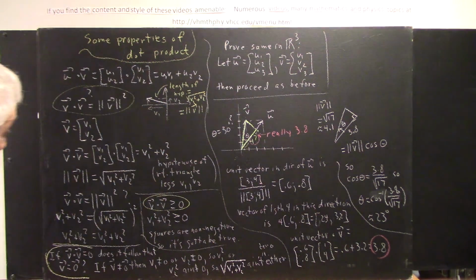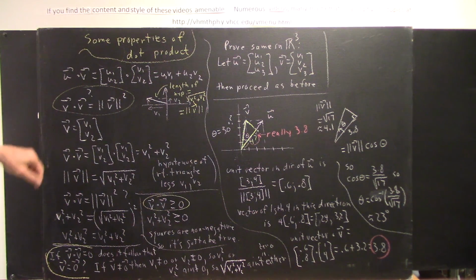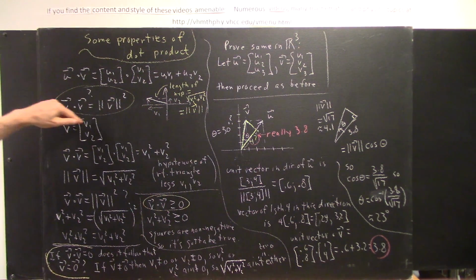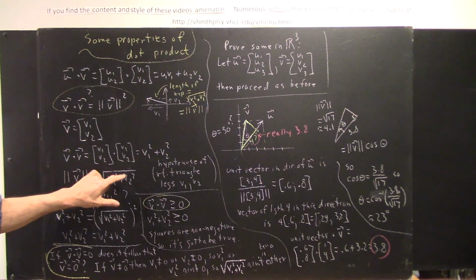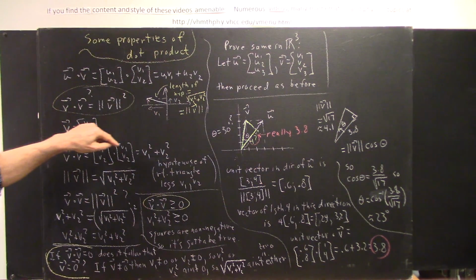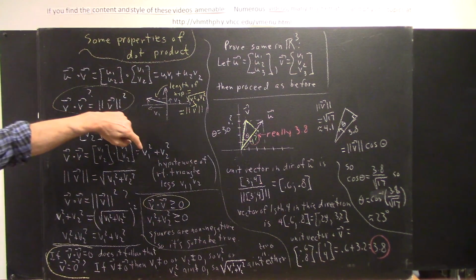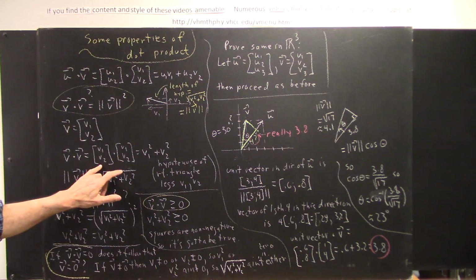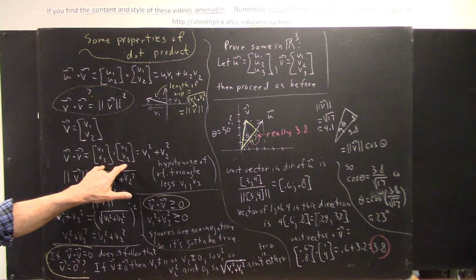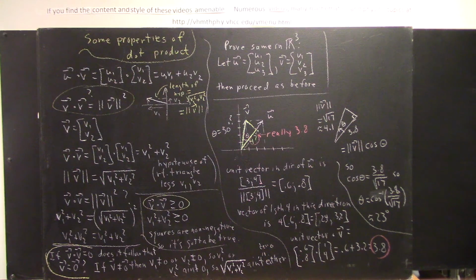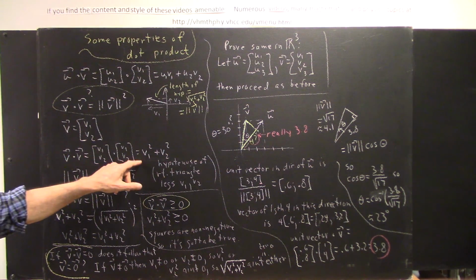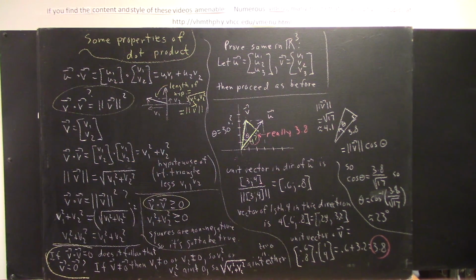Okay, well, let's work it out. We could do v dot v. Here's v dot v. Dot product: first component times first component, v1 times v1 is v1 squared. Second component times second component is v2 times v2, v2 squared. So v dot v equals v1 squared plus v2 squared.